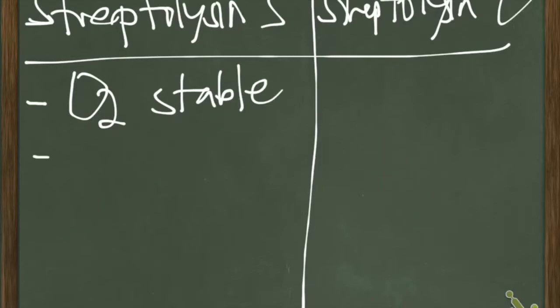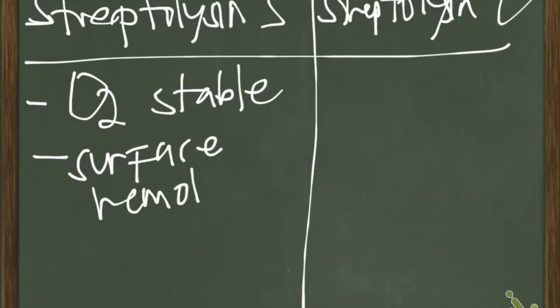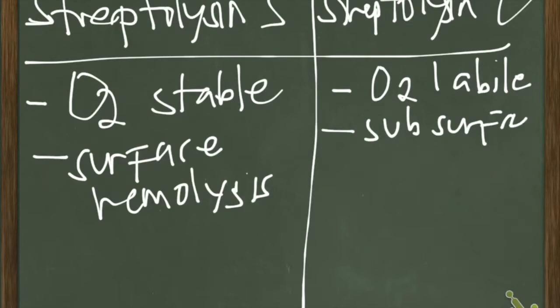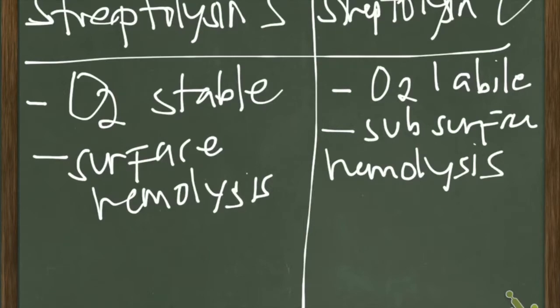That's why it is responsible for surface hemolysis. Unlike streptolysin O, which is oxygen labile, that's why it is responsible for subsurface hemolysis, because at the subsurface, it is not exposed to oxygen. So streptolysin O is important for subsurface hemolysis.